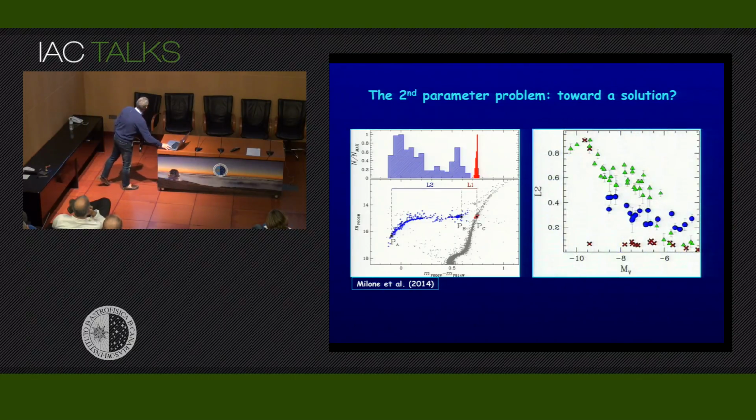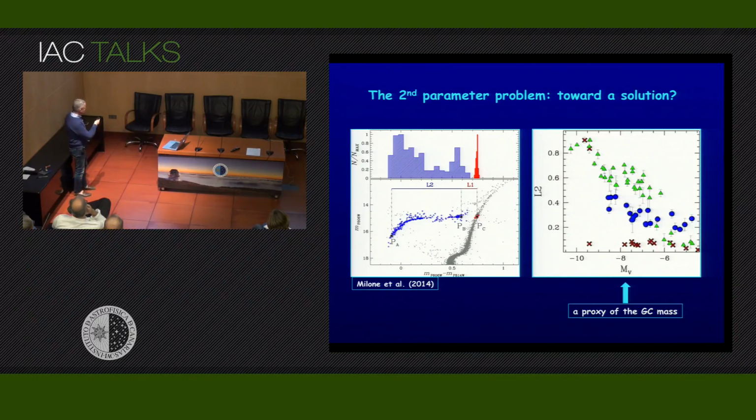And what we found is that for this parameter, L2, the different color coding in this plot corresponds to clusters with different metallicity, but there is a very good correlation between the parameter L2, that is the extension of the horizontal branch, and the absolute integrated magnitude of the cluster, okay? That is a proxy of the globular cluster mass, okay? Sorry? The closest are metal-rich clusters.